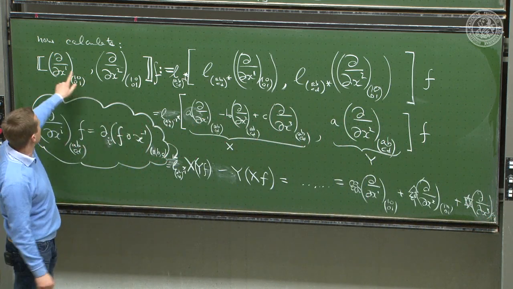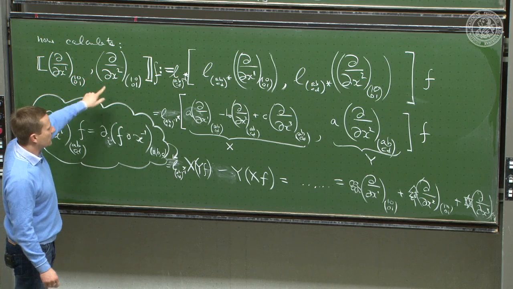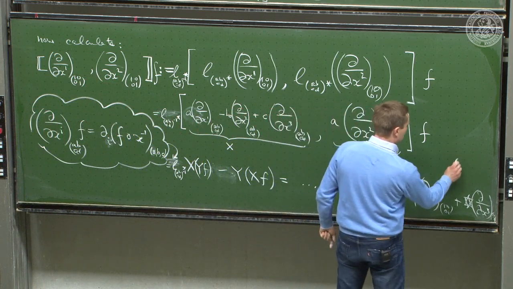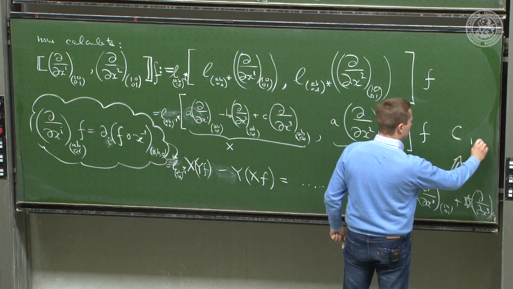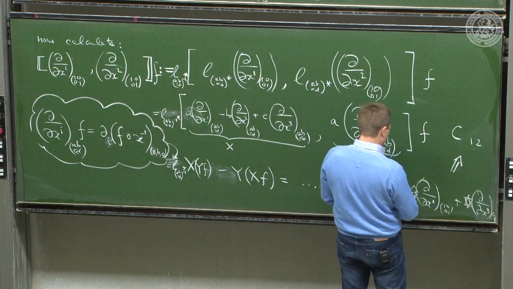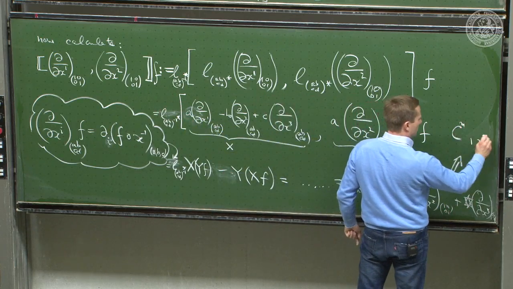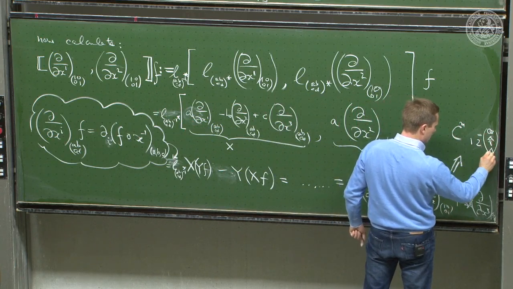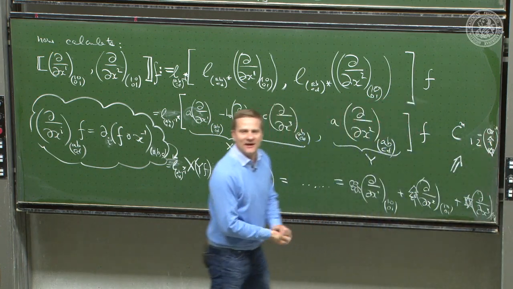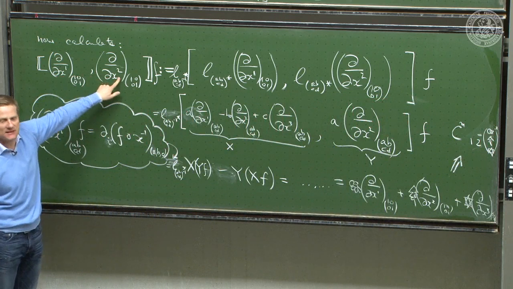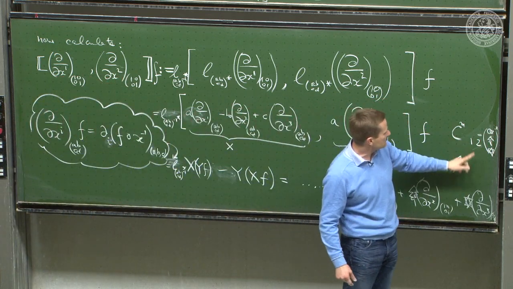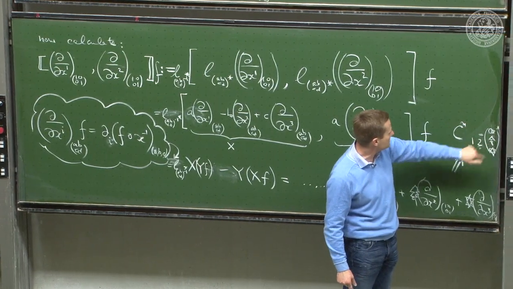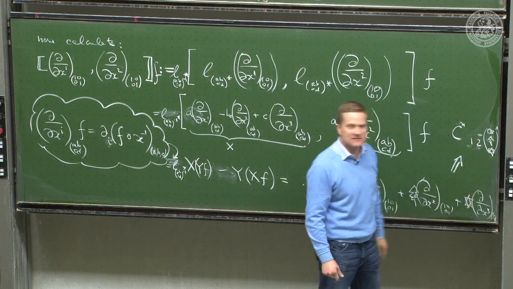Because we did this for 1 and 2, and of course what you read off from these coefficients are the structure coefficients C^m_12, the mth component. So from this calculation, with the first and the second here, you get these structure coefficients: C^1_12 is flower, C^2_12 is pine tree, C^3_12 is star.